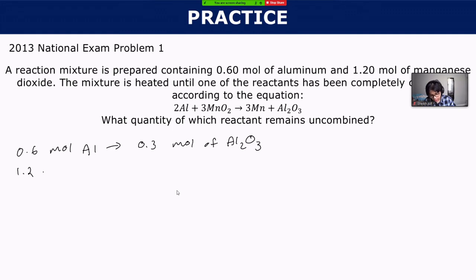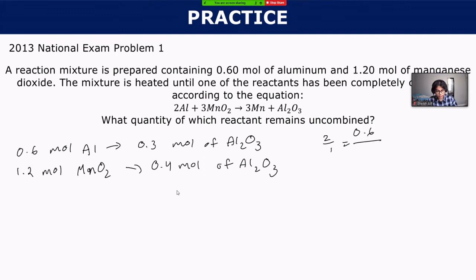So 1.2 mole of MnO2, sorry, is going to be able to create 0.4 moles of aluminum oxide. And remember, this is just because aluminum to aluminum oxide is a 2 to 1. So if you have 0.6, you're going to need 0.3. And in this one, it's a 3 to 1. So with 1.2, you need 0.4.